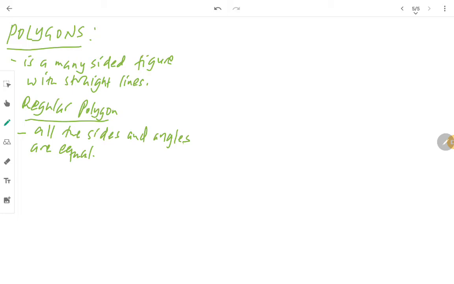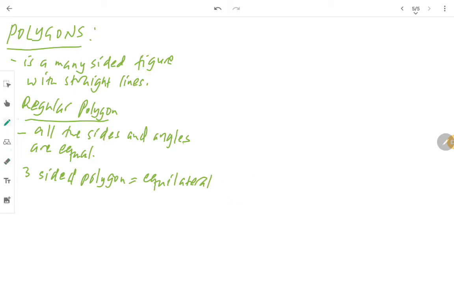Then we need to look at these different types of polygons that we have. We have a three-sided polygon. What is a three-sided polygon? This one is an equilateral triangle.